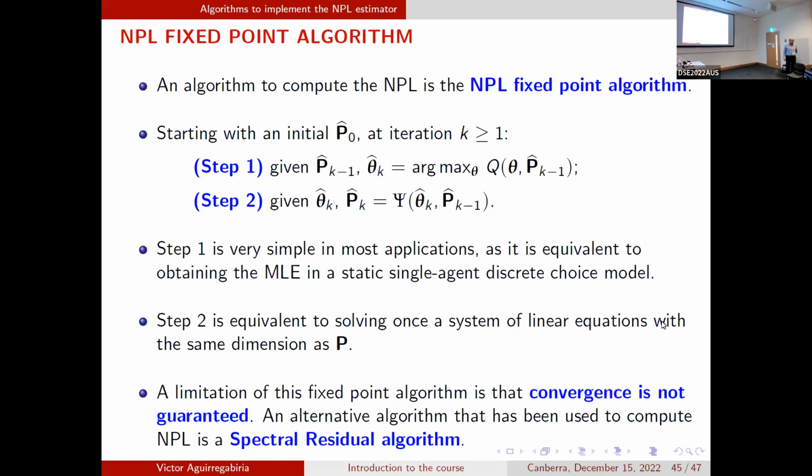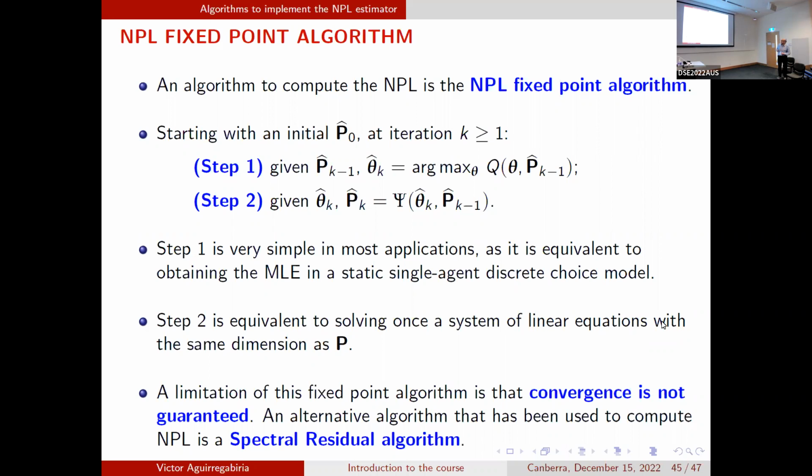I will start with the algorithm that we first proposed in our paper in Econometrica 2007. That is basically the version extended to the case of games of the MPL algorithm that we considered in our single agent paper. Similarly as in the single agent paper, we start with an initial arbitrary vector of choice probabilities, not necessarily a consistent estimator, because this is a full solution method.